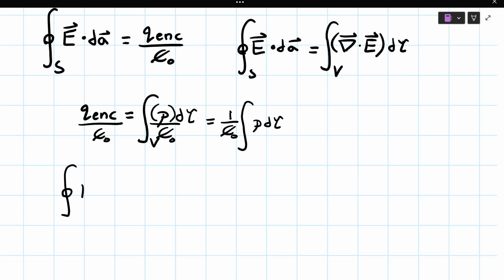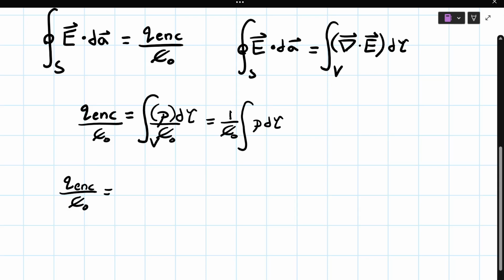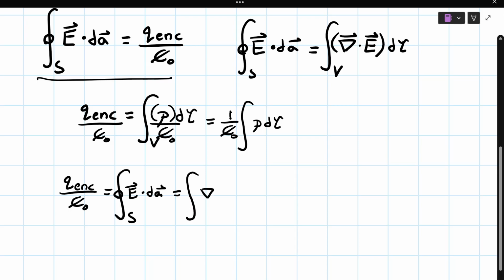We'll start with knowing that Q enclosed over epsilon naught is going to be equal to the closed surface integral of E dot dA. That's this up here. And we also know that this, thanks to the divergence theorem, will also be equal to the volume integral of the divergence of the electric field, d tau.